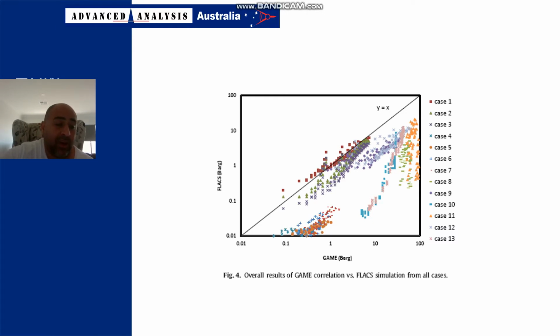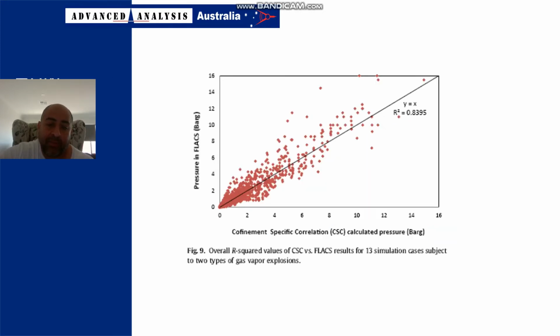By comparison, one of the PhD students out of UWA came up with a much better method. Again, it's an analytical estimate, but this is how it compares to CFD. It's been compared over about 3,000 cases, two sets of 1,500 cases.